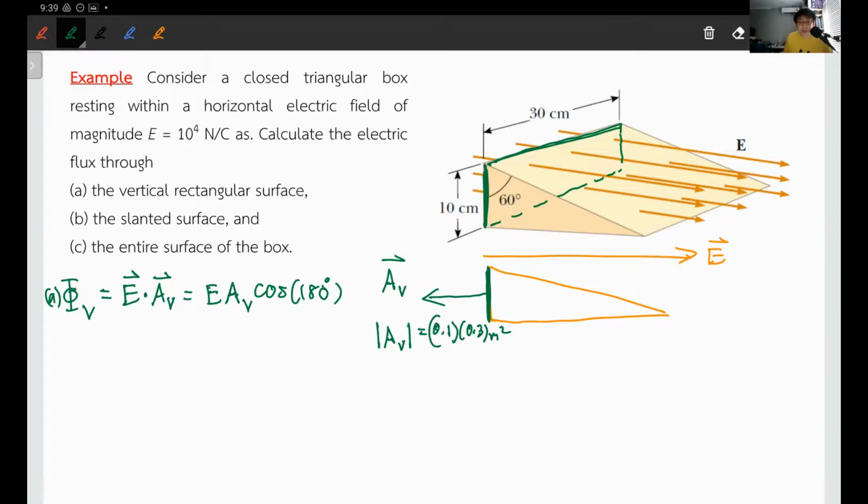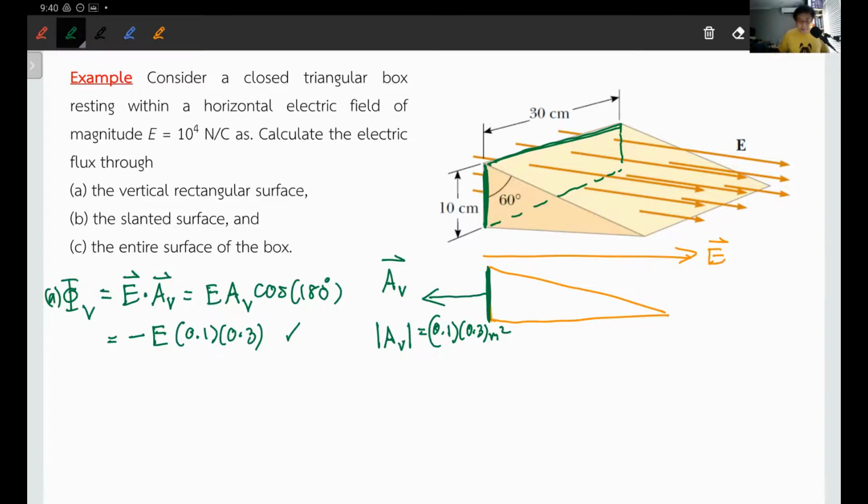We know that, because the electric field lines are trying to get in. Okay, very good, and that would be negative. Let me just leave it there: negative E times 0.1 times 0.3. You can substitute E whenever you like. That's it for part A, the net flux through the vertical surface.